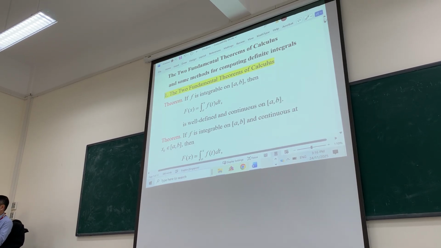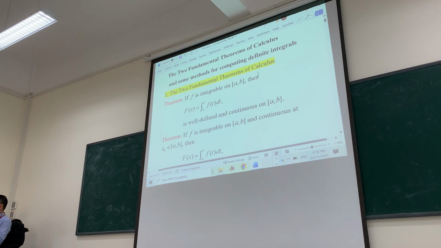Okay, now one. The two fundamental theorems of calculus.